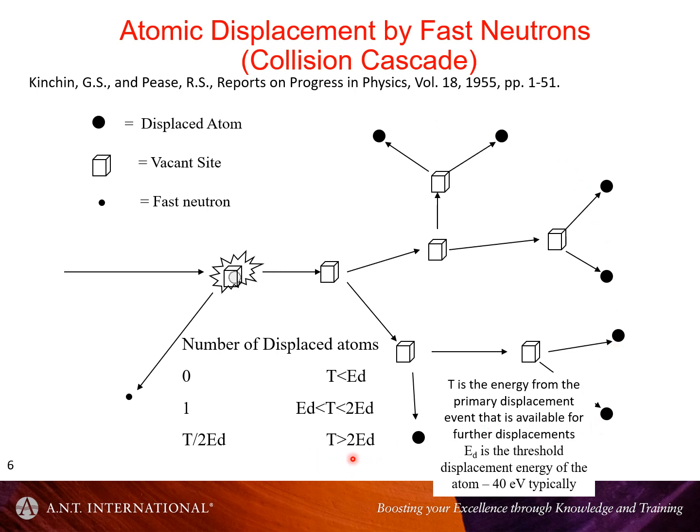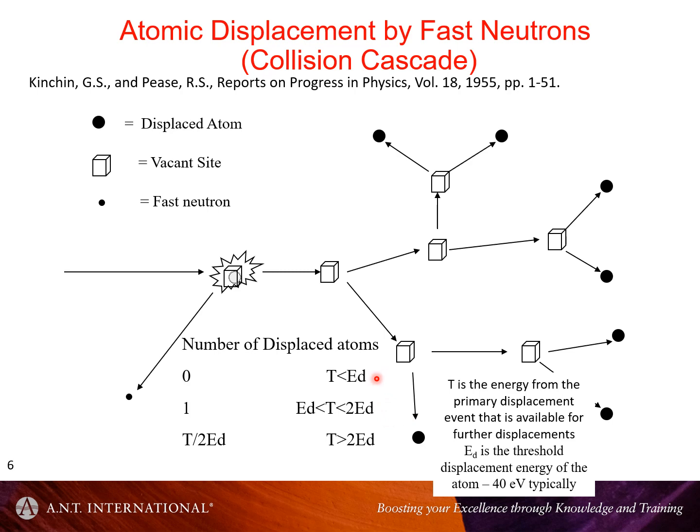those energies, any new displacements don't create any additional numbers of interstitial atoms, because an atom that might displace another atom would, at that point, take up its position in the lattice.